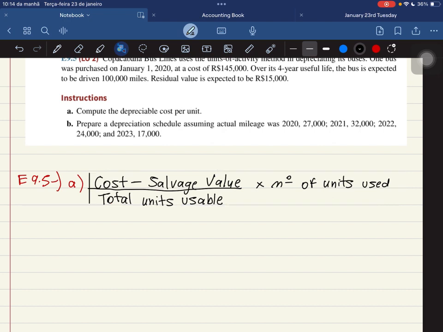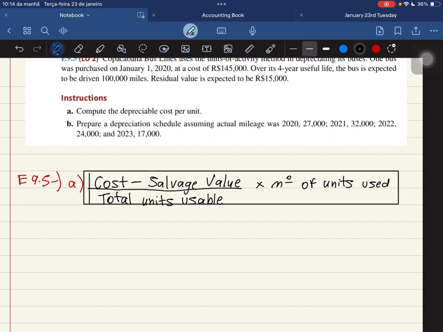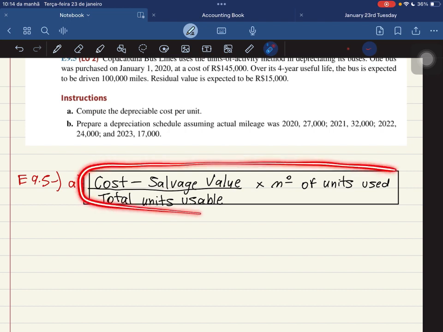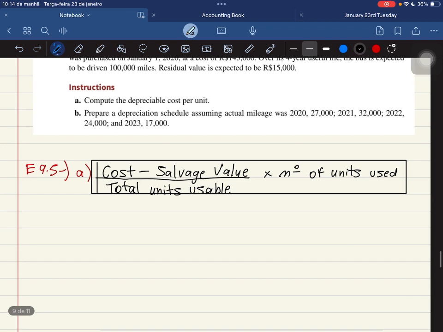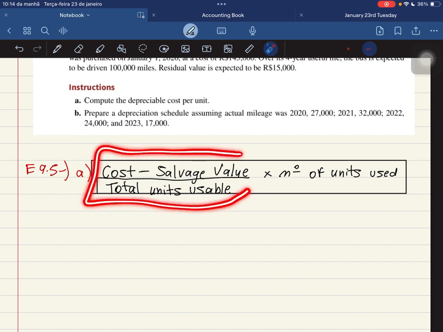But if you take a look at letter A, you're going to see that they're not asking for the depreciation expense. If you use the whole formula, you're going to get a depreciation expense. But they're not asking that. They're asking the depreciable cost per unit. And part of this formula actually gives us this part over here.